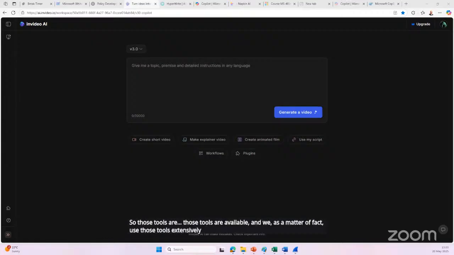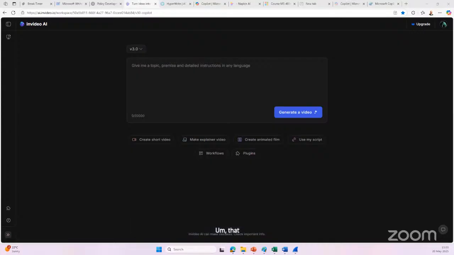So those tools are available, and we, as a matter of fact, use those tools extensively when it comes to consulting with one of our large clients. I can't tell you who it is, but it's a very large retailer. What they wanted to do is upskill 100 data scientists, right? And it's nonsensical to create a single learning program for 100 data scientists.